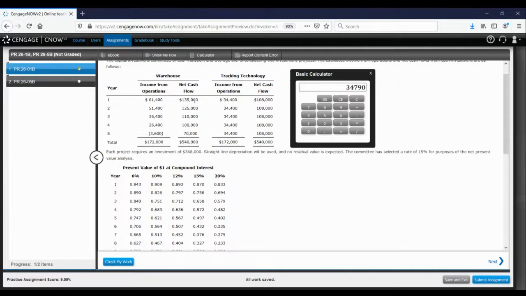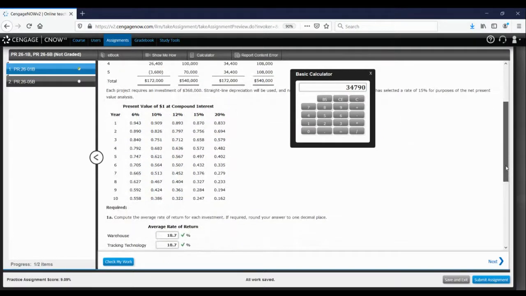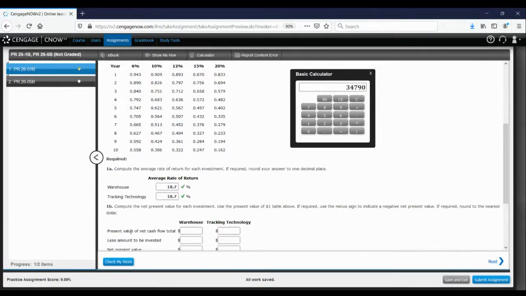Now, once you have the present value of each one of these cash flows calculated, you have to add all of them together to get the total present value of the net cash flows for the warehouse. So I'm going to start with year one. The present value was 117,450. I'm going to add to that 94,500.